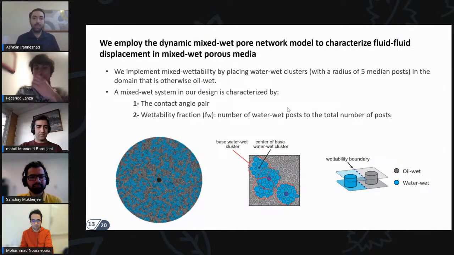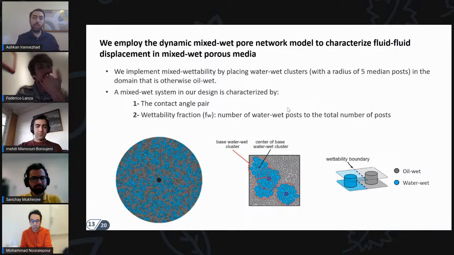For that, we use a specific procedure in which we place base water wet clusters that have the same size, with a radius of 5 medium posts, and we randomly place them in the domain that is otherwise oil wet. As a result of overlapping these base water wet clusters, we create complex mixed wet conditions in our cell.